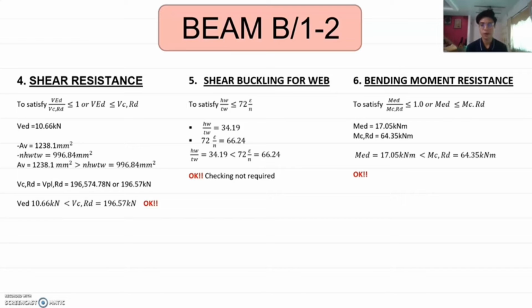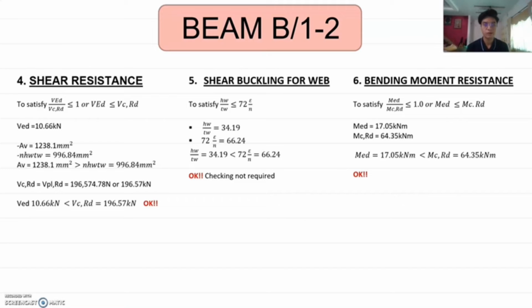For shear buckling for web, we need to satisfy this formula, which is HW over TW is lesser than 72 epsilon over N. The HW over TW is 34.19 and 72 epsilon over N is 66.24. The HW over TW is smaller than 72 epsilon over N. So that means it's okay and the check is not required.